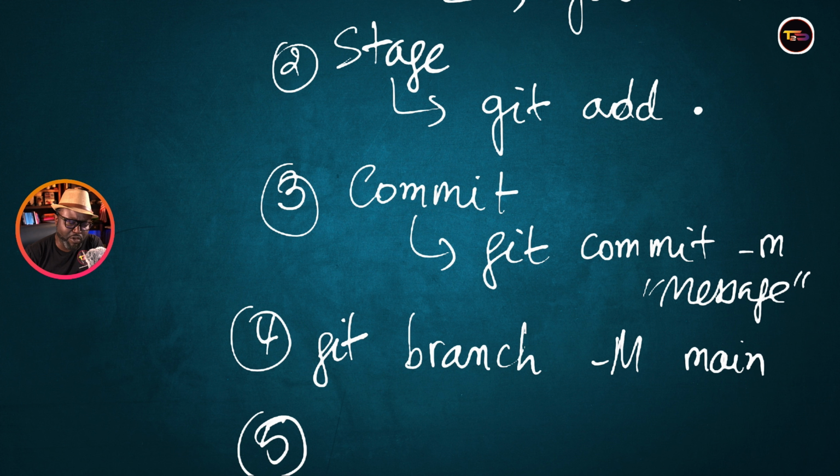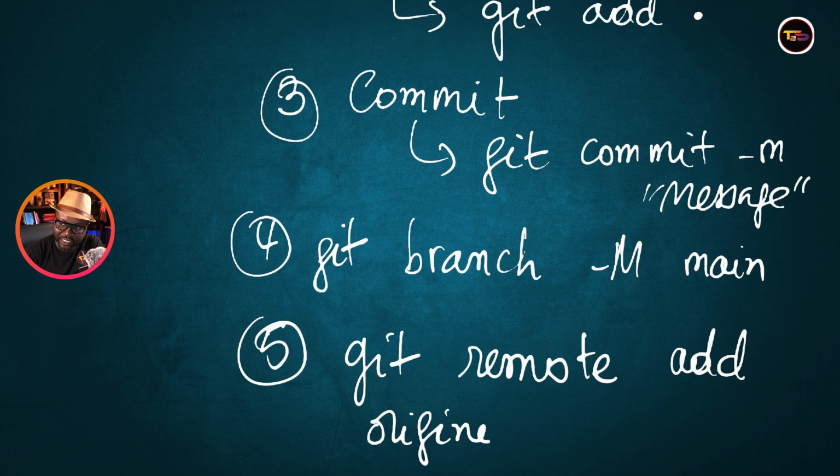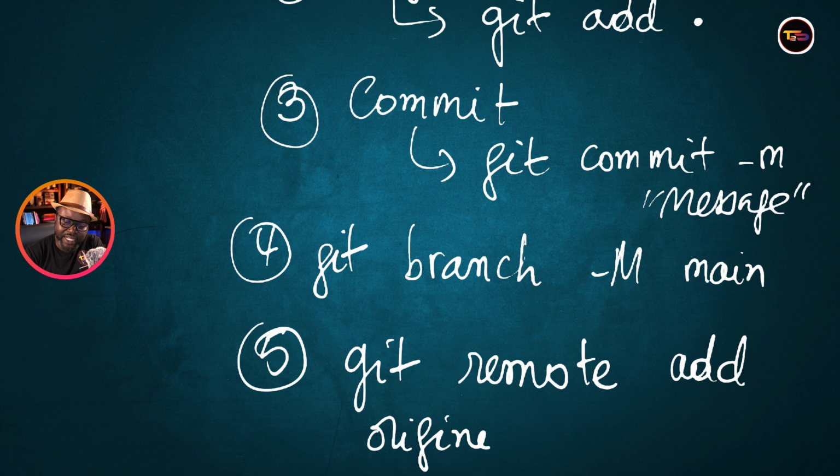And number five, we're going to do git remote. We're going to take that remote repository and add it in our environment. So we're going to use git remote add origin. We take that from there, and then we take the URL here.